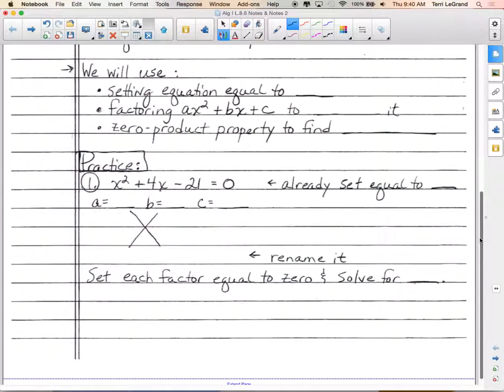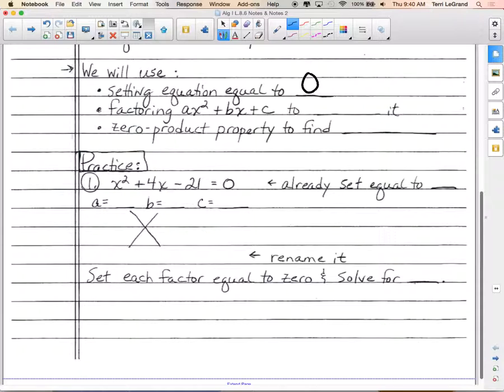Now, not all quadratic equations can be solved by factoring, because first of all, the quadratic we are given has to be factorable. If we can't factor it, then we're going to have to use another method to solve. Today, when we're learning the factoring method, all the ones we're going to do are going to be factorable, okay? So we're going to set the equation equal to 0, replacing the y with 0.